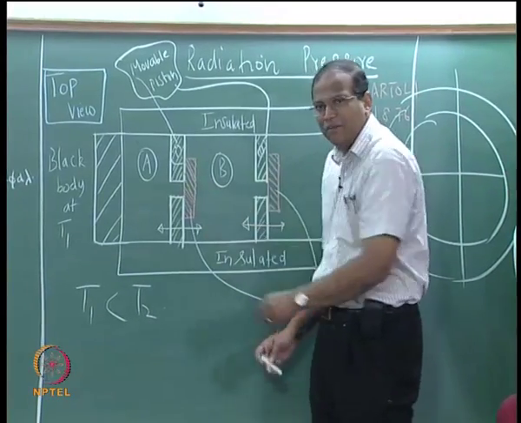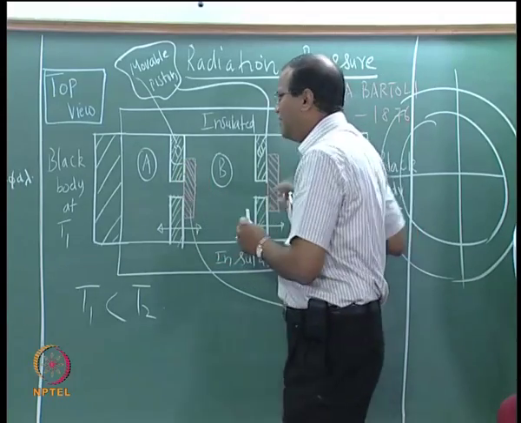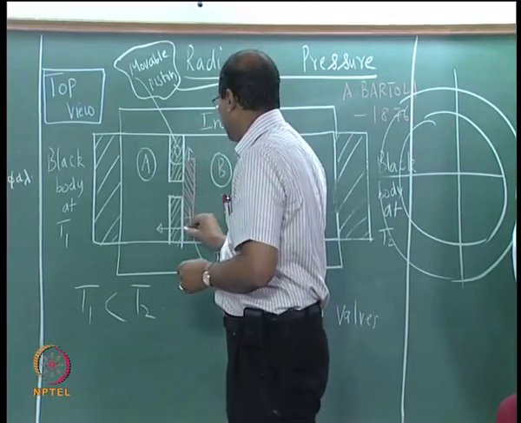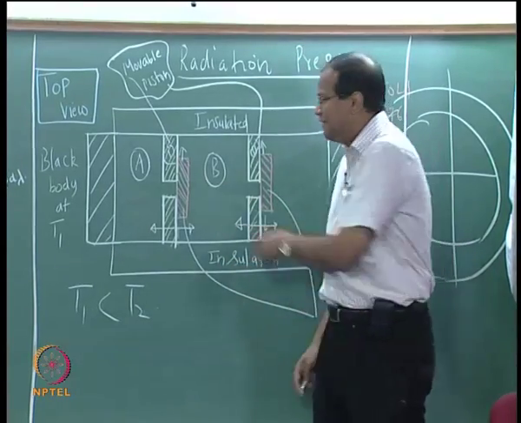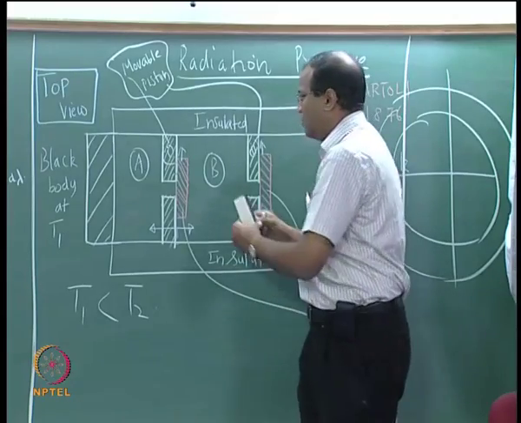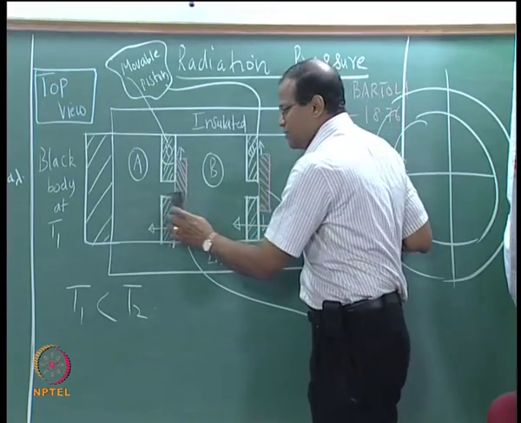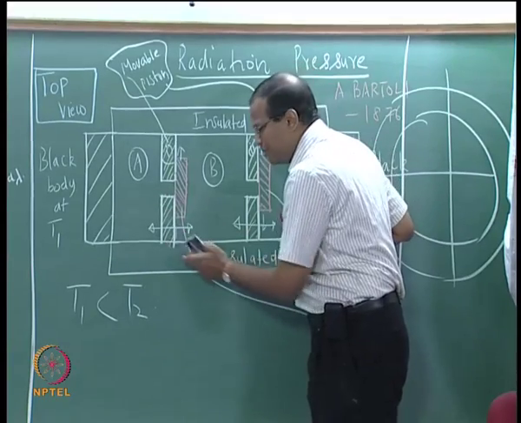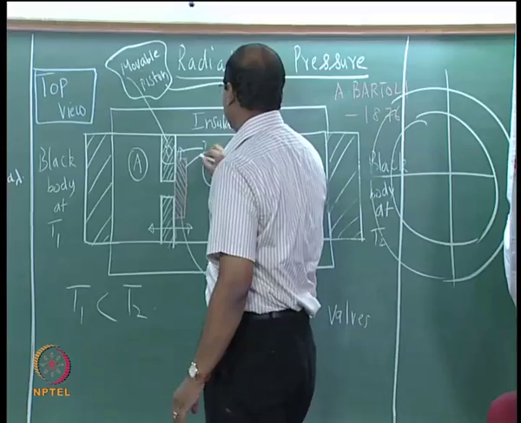There is a small gap in between which can be covered or opened by sliding valves. That means the valves can be slid open, that is the valve can go, this valve can go up and down, this valve can go up and down, this piston can move, the pistons are frictionless and they are perfectly reflecting, all these are perfectly reflecting.